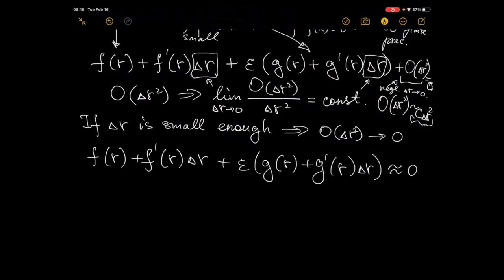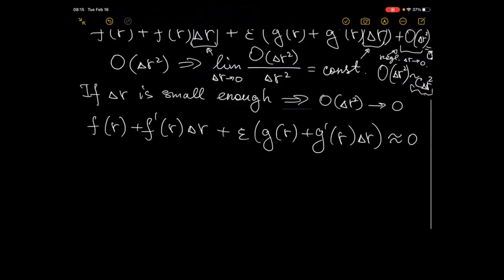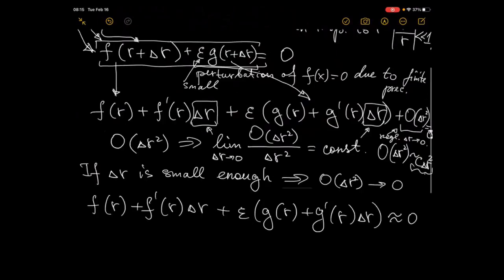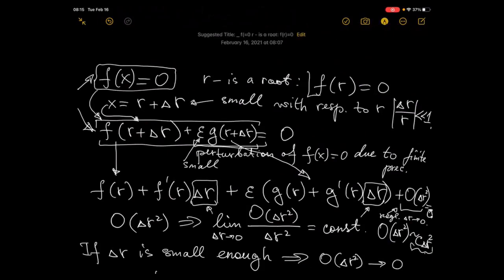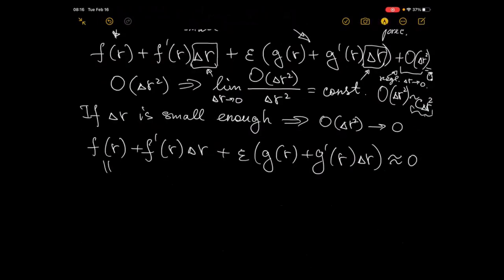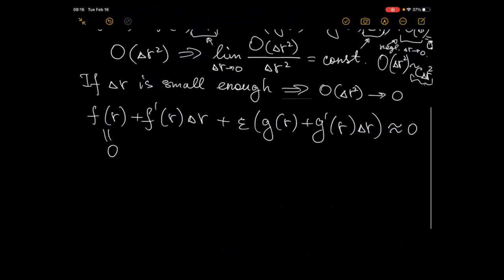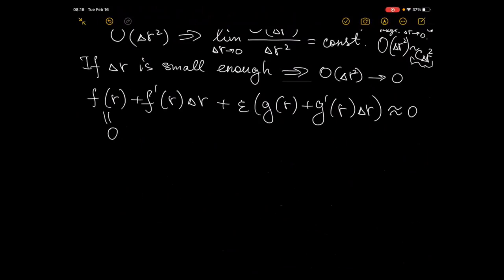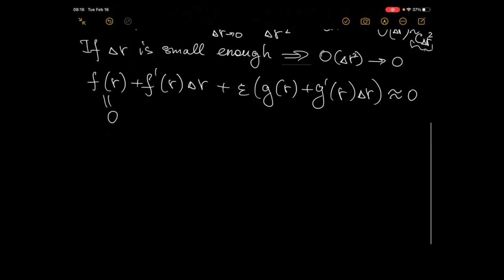Approximately equal to 0. Now, I need to remember that R is the root of my original equation, so I will take this into account. I know that this is equal to 0, right? As a result, let us group together terms with delta R on the left-hand side and without delta R on the right-hand side. So this is what we will get.